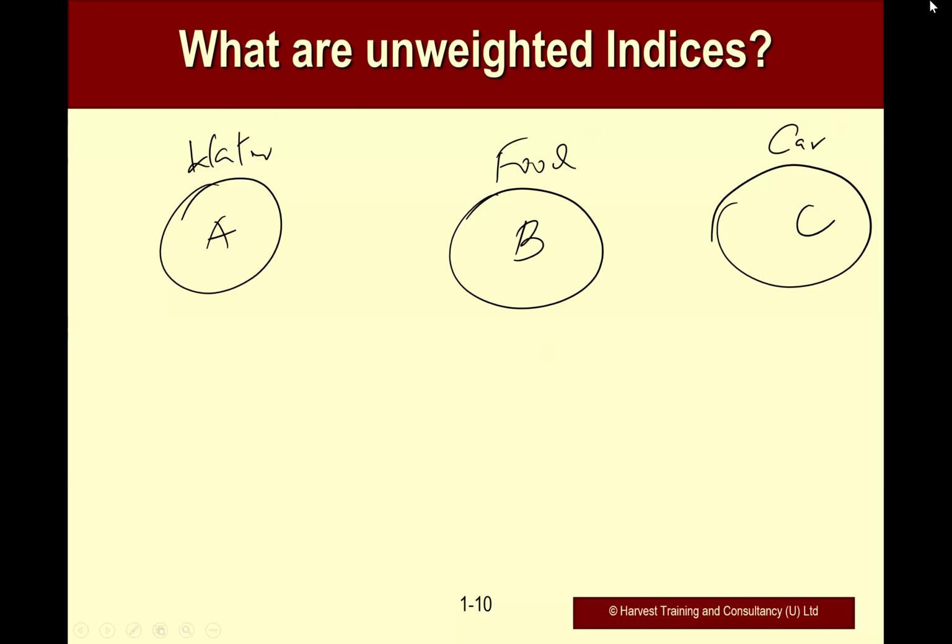In basket B, there is food. In basket C, there is a car. Which basket would you pick first? Talk to me. Which one do you rank number one? Not in terms of wanting to, which product? Talk to me in the chat. Which basket would you pick first?